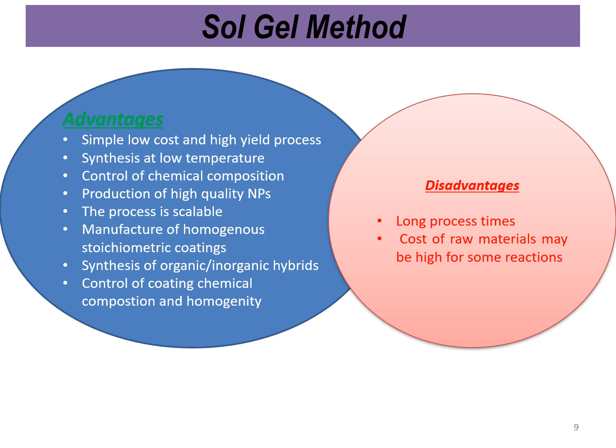If we do further heat treatment or calcination, that step is done to obtain the nanoparticles in solid form. Control of chemical composition as well as production of high quality NPs is possible through this method. Ceramic nanoparticles, ceramic fibers, different types of nanomaterials having high quality and high purity can be obtained.